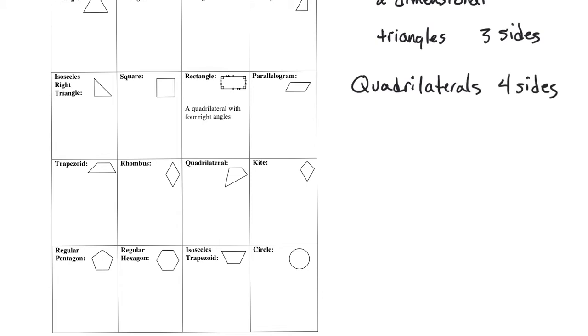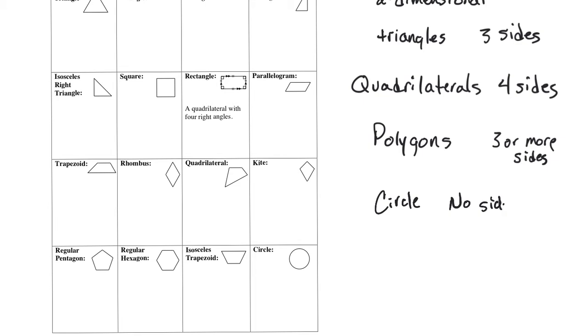And we're going to be dealing with polygons, which means three or more sides. So a little confusing. Oh, and then the last one we talk about on here is a circle, and the circle has no sides, just a center, and all the points equidistant from the center. We'll get to that in a minute.